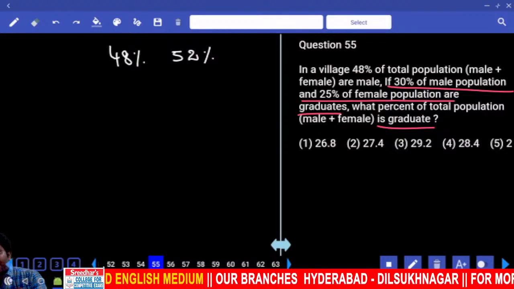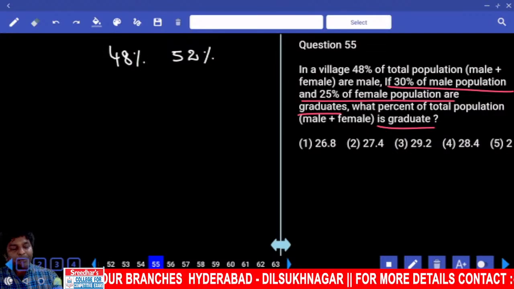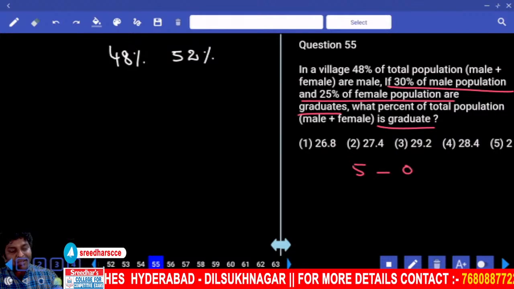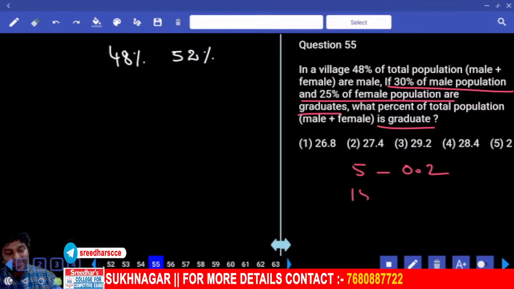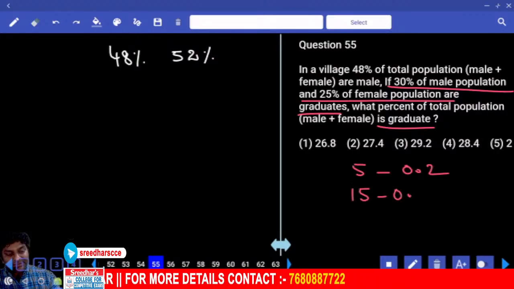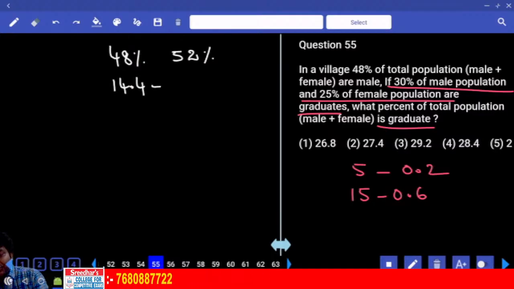Among male, 30%. What is 10%? Can I treat 4.8 as 5 minus 0.2? 3 times of that will be 15 minus 0.6, 14.4. Is that okay?